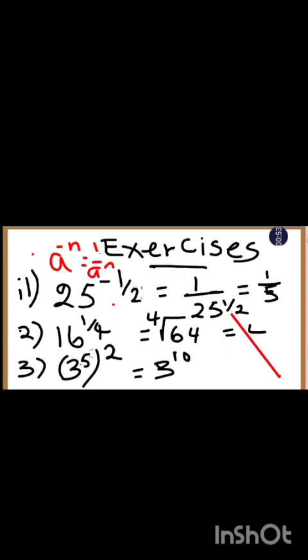Now, if you have 64 raised to the power 1/4, it means the fourth root of 64. It will be the fourth root of 64.